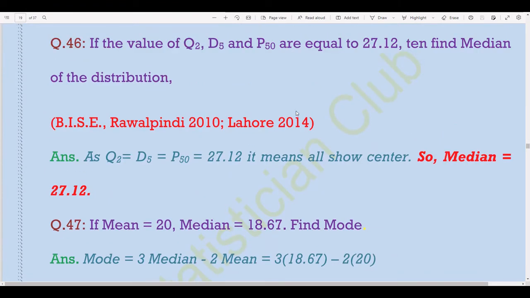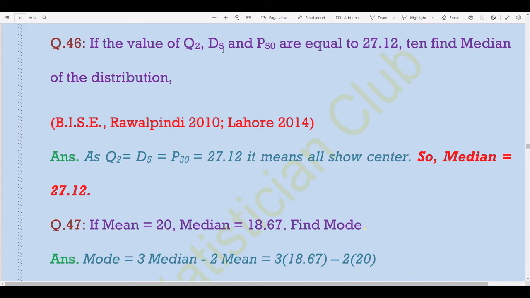Question number 46. If the values of Q2, D5, P50 are equal to 27.12, then find the median of the distribution. As you know, second quartile is equal to median, because Q1 is 1 to 25 data and Q2 is 25 to 50, so the second quartile lies in the middle of the values.